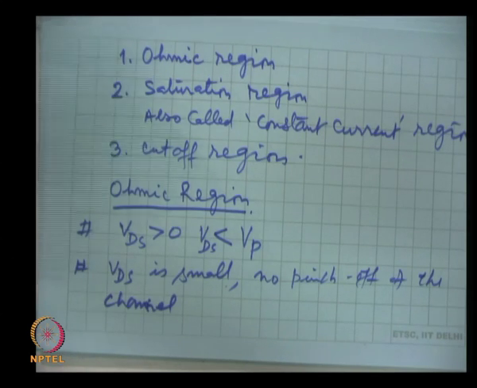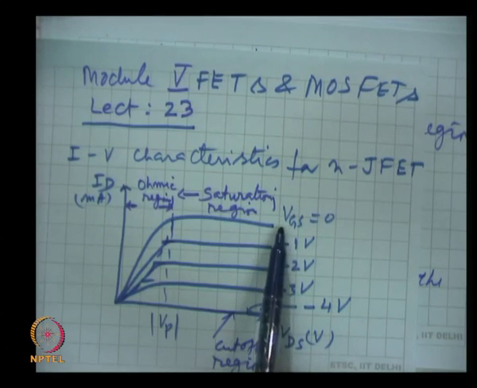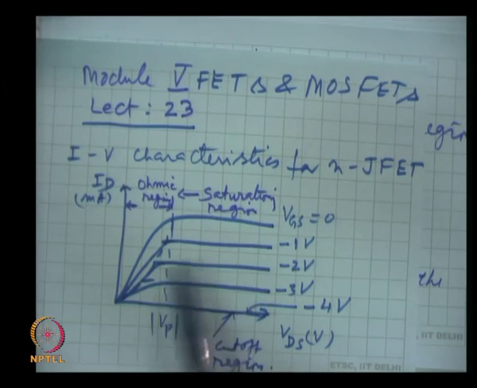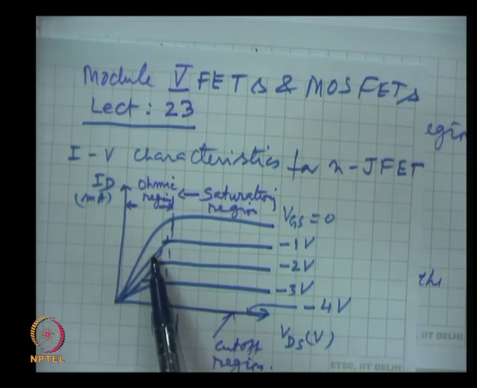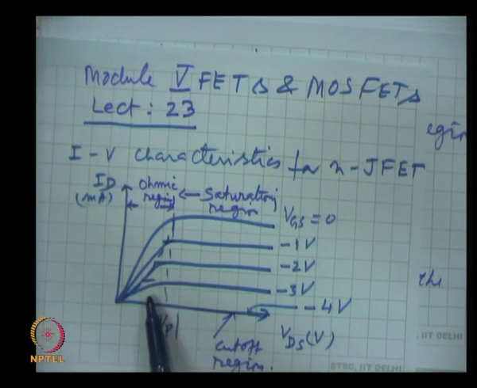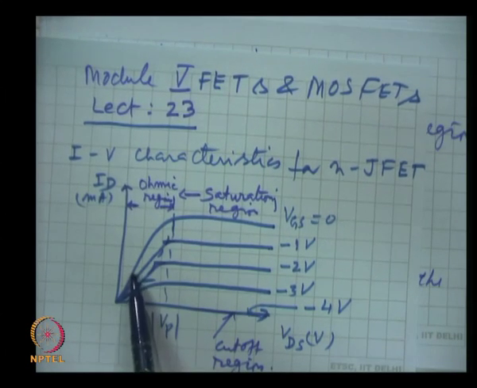Now, when we increase the gate source voltage, the resistance increases, the slope changes. You see, the slope is changing, this is voltage, this is current. The inverse of the slope gives the resistance.